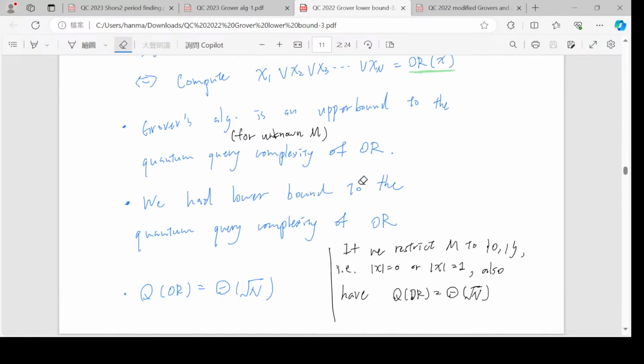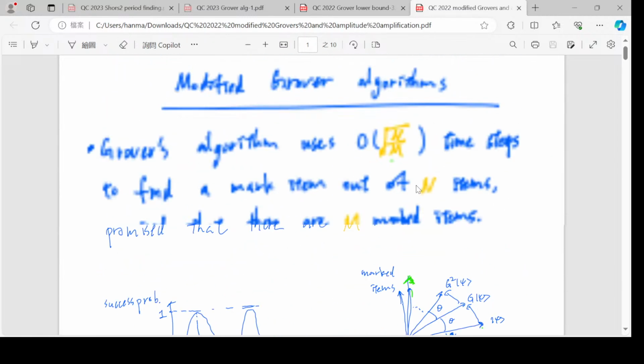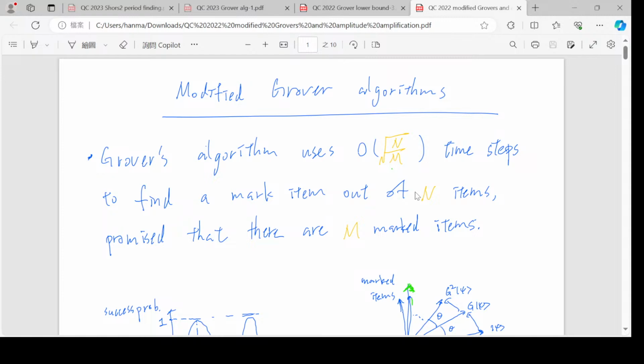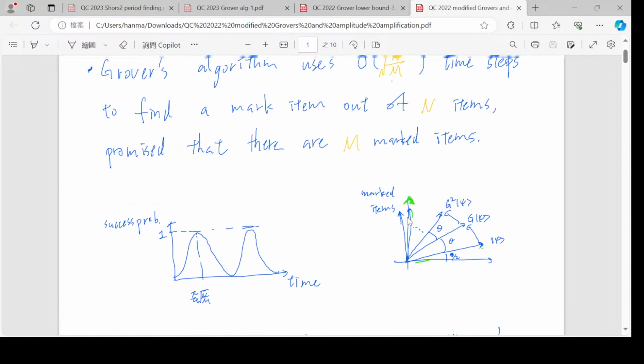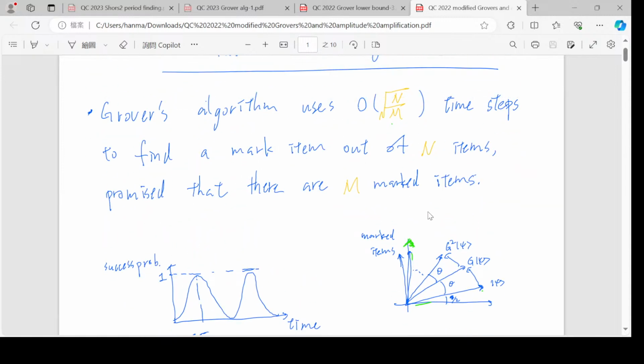Yeah. And then one thing we want to jump to here is we want to talk about, not really a modification, but basically different specifications of Grover's algorithm. Okay?